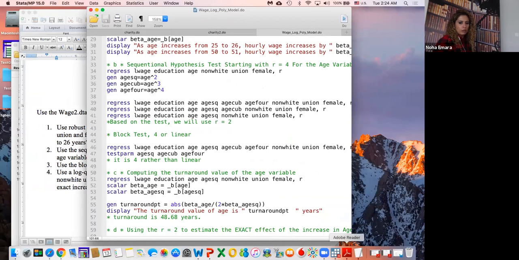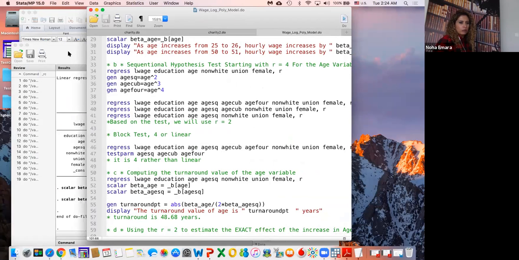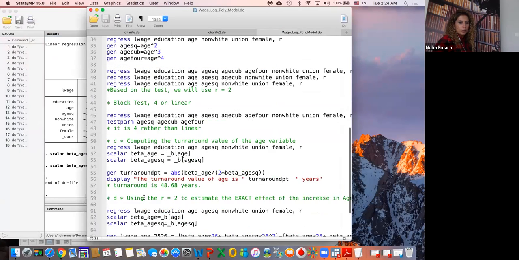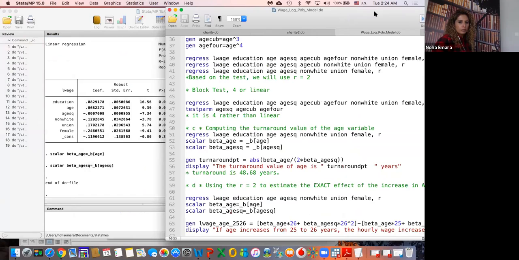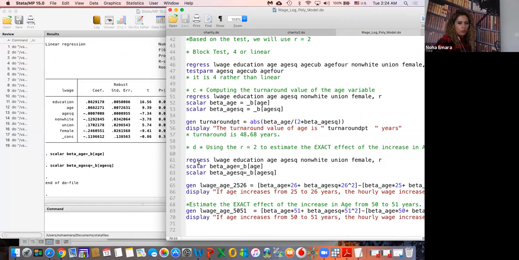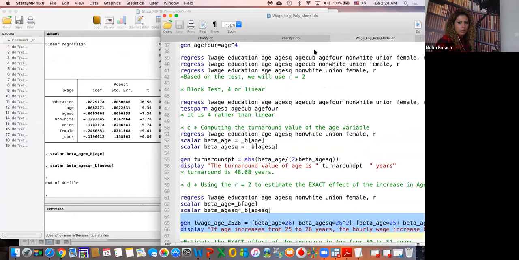I just want to have the data open right here, and this is my do file. Okay, so we have extracted the coefficients. We're going to use them to write a nice sentence.